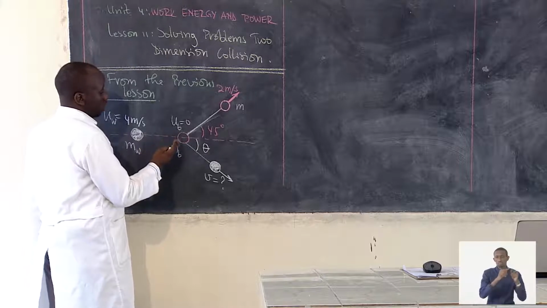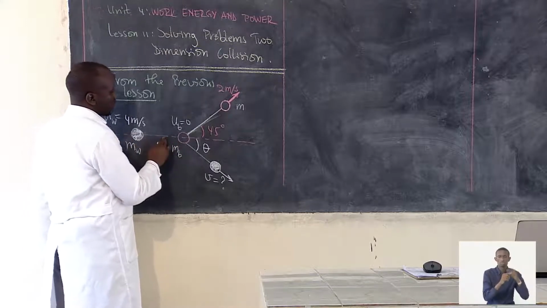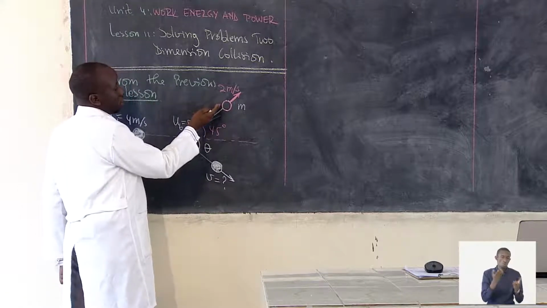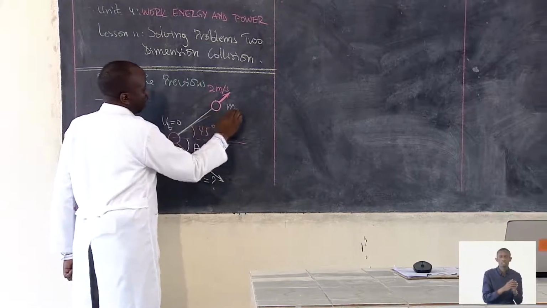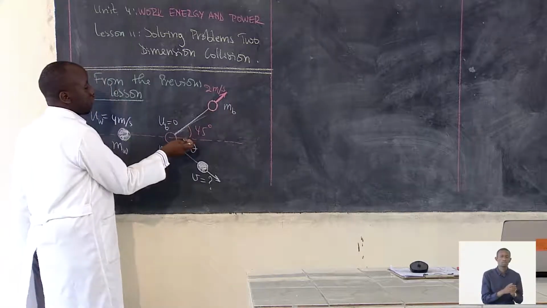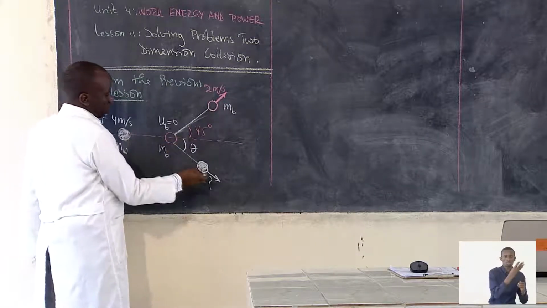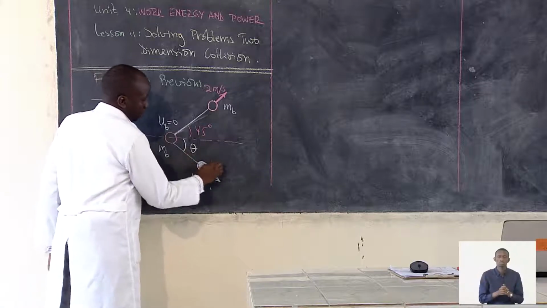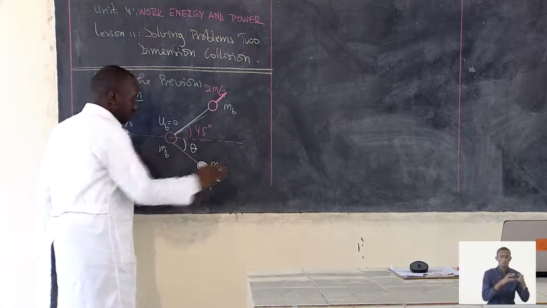Before the collision we have this direction, and when we compare the direction taken by this black ball, we see it at 45 degrees. And the white one is below the line at an angle of theta. And here is the white.